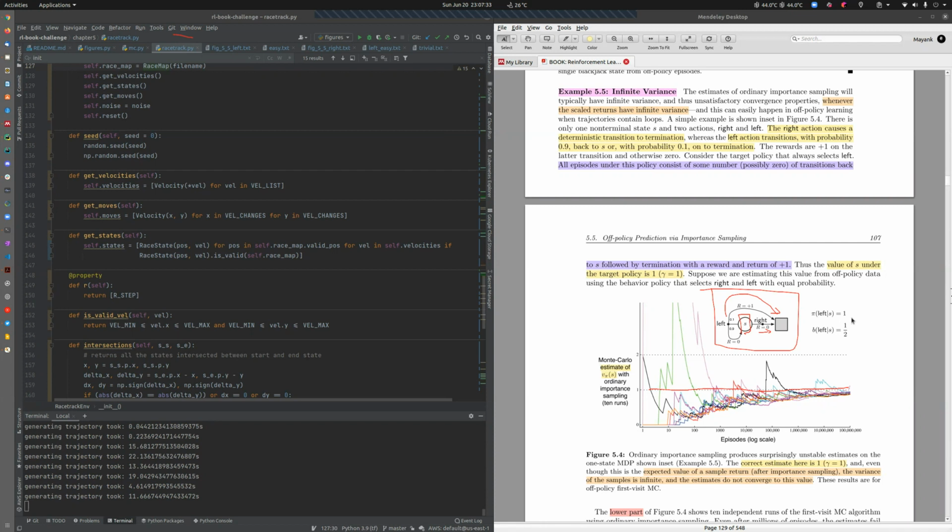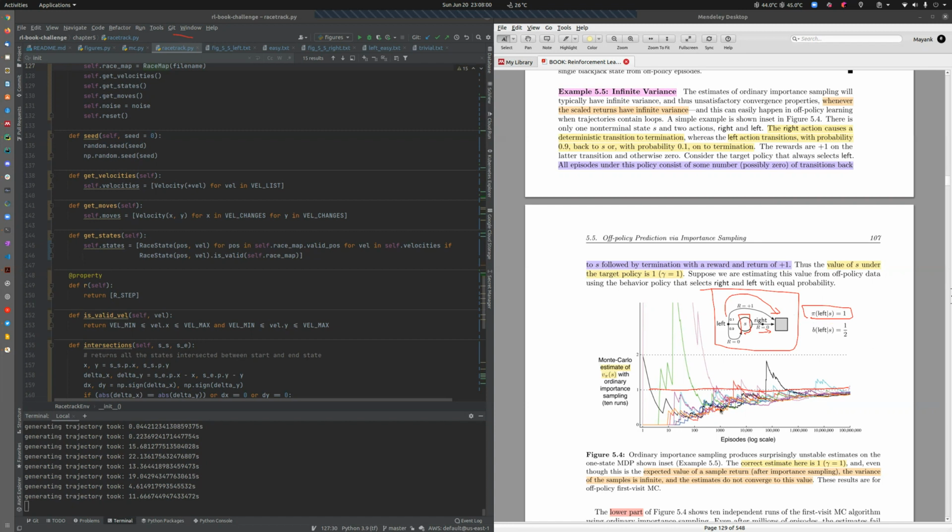This was the result of the target policy that we used. We considered the left action, so the target policy always chose the left one.